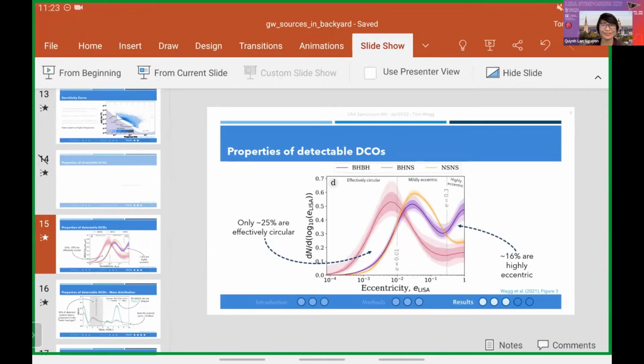And then the last question came from Katie. Kate, please unmute and ask your question. Yeah, thanks, Tom. This is great. I was following up on Laura's question. Do you look for correlations in chirp mass and eccentricity at all? I think I made that plot very long ago, but not recently.